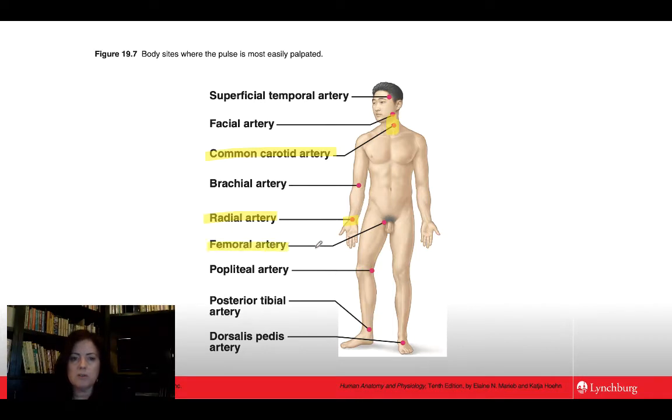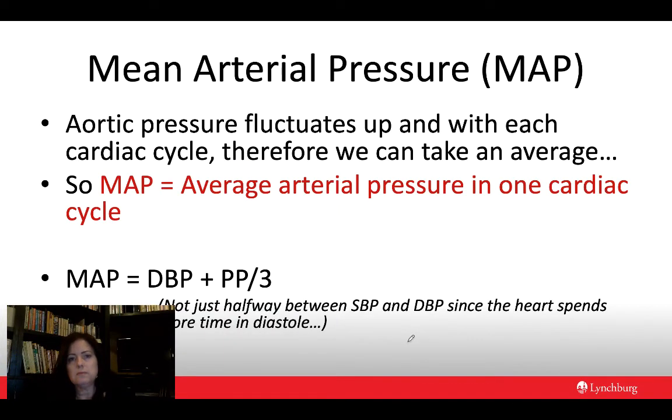Femoral artery is usually a pretty strong one as well. Posterior tibial, down by the medial malleolus, is a big one as well. Dorsalis pedis on the top of the foot. Those are all places where you can palpate that pulse pressure, and you're actually feeling the difference between systolic and diastolic.